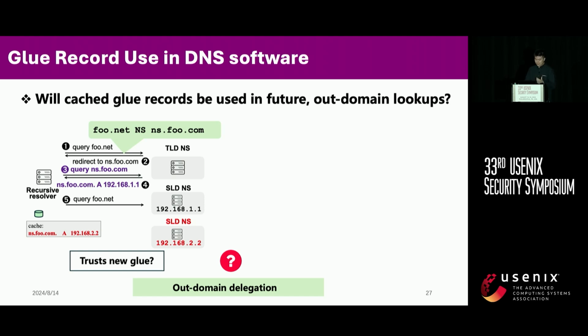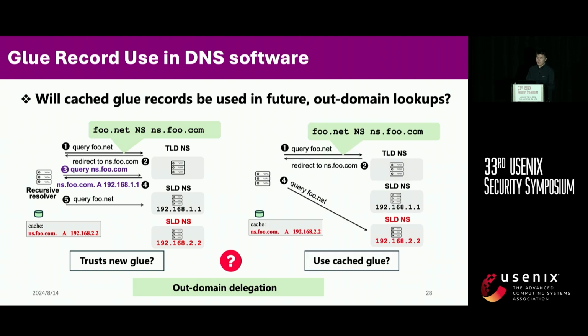During recursive queries for foo.net, a new glue for ns.foo.com will be provided by the top-level domain. The resolver now faces 2 options: ignore the cached glue and trust this new glue it gets, or use the cached glue in order to speed up and save 1 round trip.